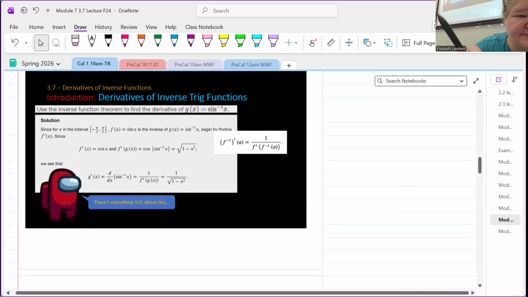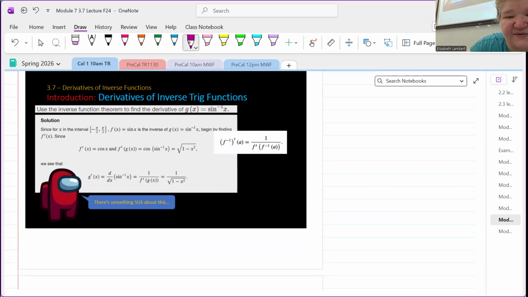So here's our initial question. So we've got our definition of finding the derivative of the inverse. And what we use this for is finding the derivative of the inverse trig functions.